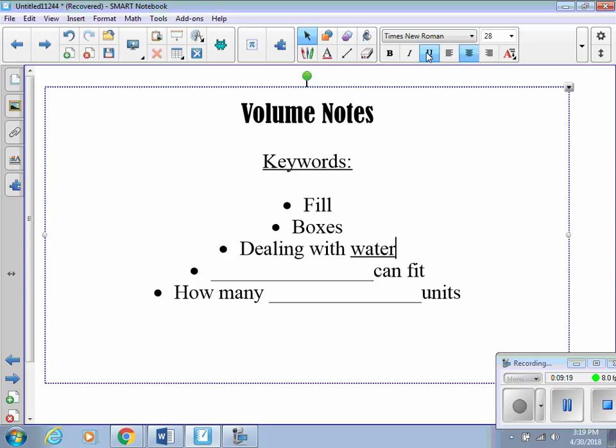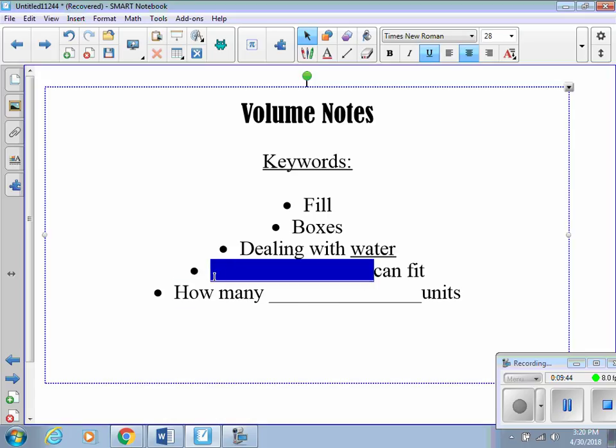So, oh, Roger wants to take a bath, and his bathtub is 12 feet by 1 foot by, I don't know, 6 feet. How much water can fit in the bathtub? You would just multiply those all together and do that.